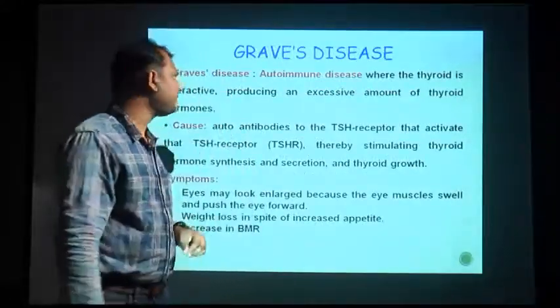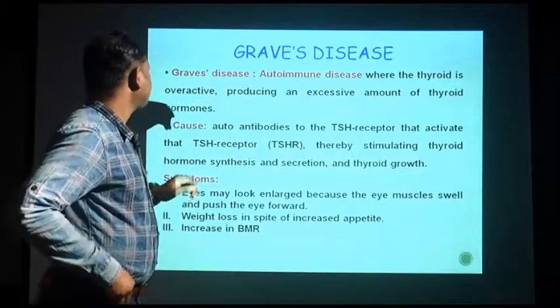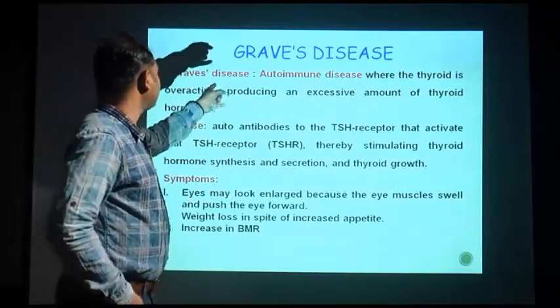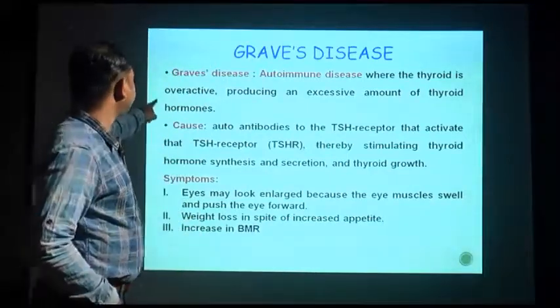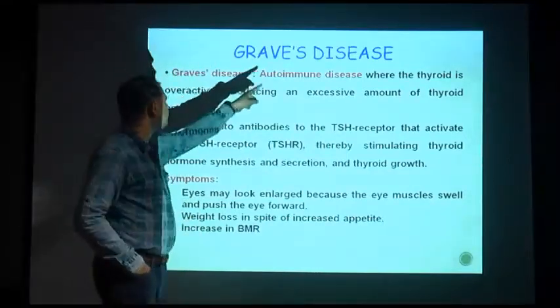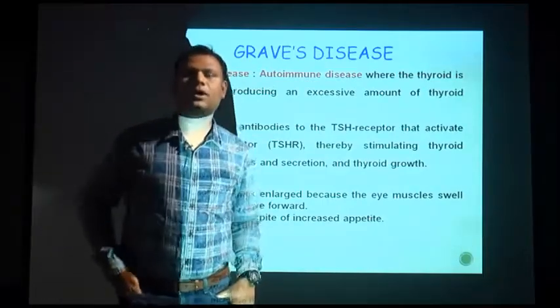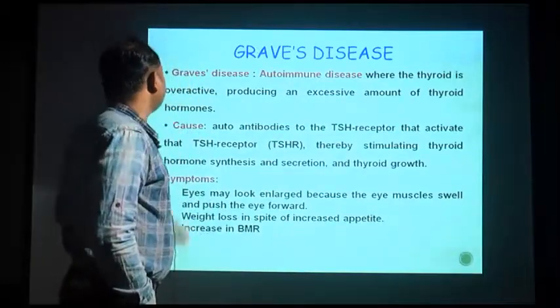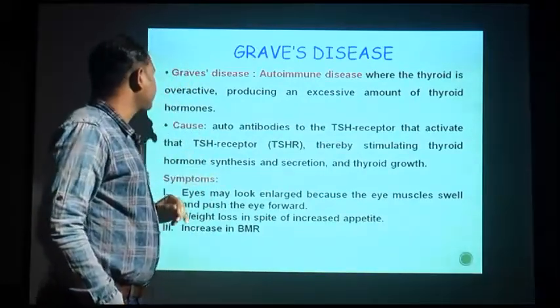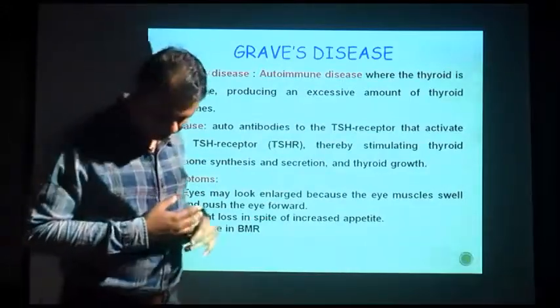Now one condition appears, that is Graves' disease. This is not an apostrophe, it is Graves, then an apostrophe. Okay, so this is the right spelling of Graves. I am sorry for that mistake. Graves' disease is an autoimmune disorder where the thyroid is overactive, producing an excessive amount of thyroid hormone.